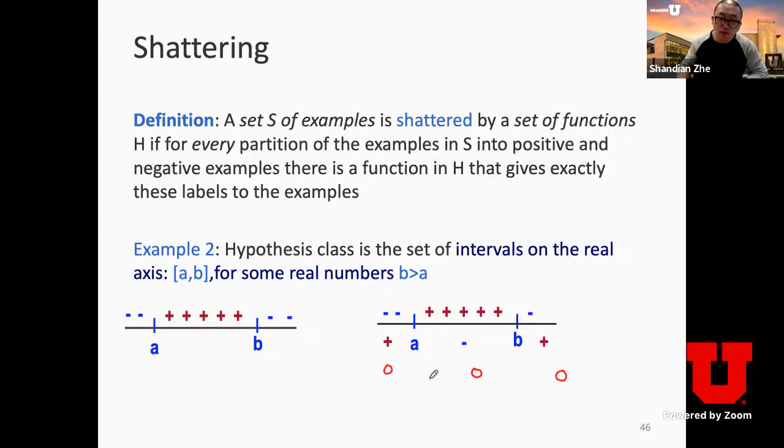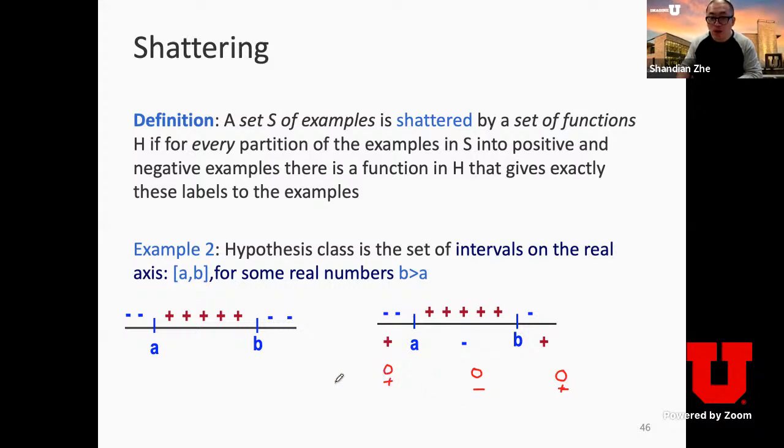If we label the two points on the leftmost and rightmost as positive, and the middle point as negative, you'll never be able to find any interval which can correctly predict all 3 points.